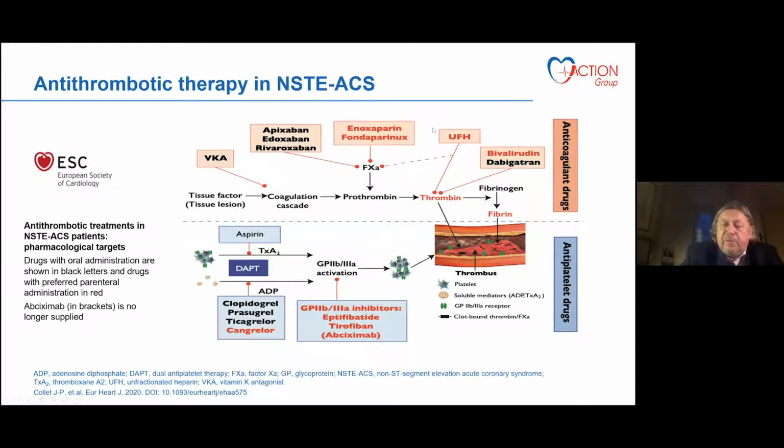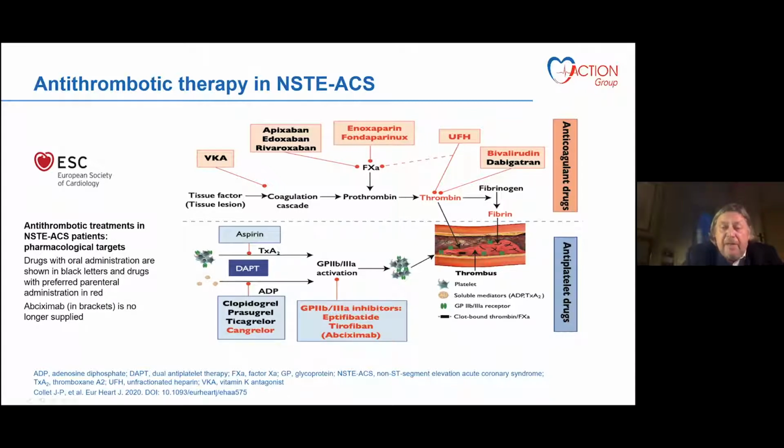Fondaparinux is not so much for the intervention itself, but in the preparation for the intervention. Then we have also bivalirudin, tested in the past years. It's more expensive than unfractionated heparin or low molecular heparin, but has still its value in certain patients. For example, if they have a heparin-induced problem, or in patients with a high bleeding risk, it sometimes seems to be better.